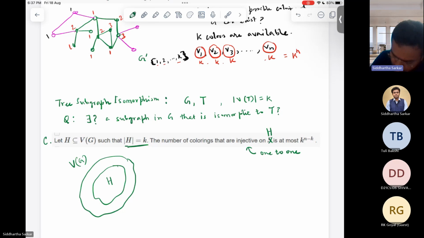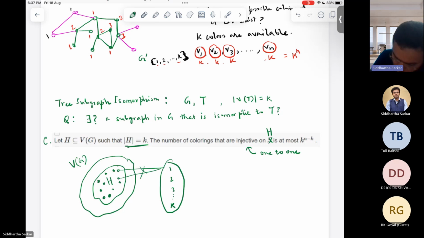So how many colors here? You have to map all these vertices inside H to some color in this set. So you have k colors at your disposal. Because there are k vertices in H, you want to map every vertex to one color, and you don't want to map two vertices to one color.